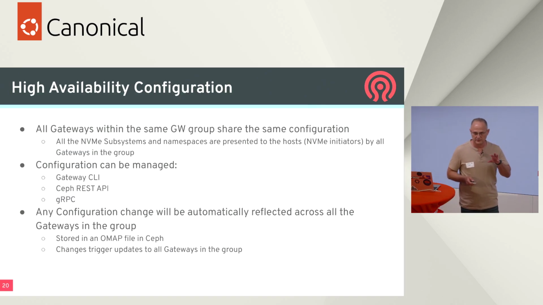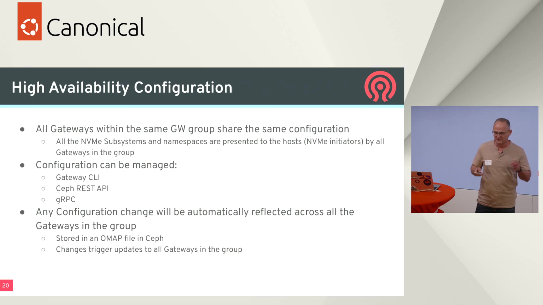In a gateway group, all the gateways read the same configuration, the same OMAP file that Orit talked about. So every change that we make to the OMAP file, like adding a new subsystem or a new namespace, we can do through either one of the gateways, but all other gateways will immediately be aware of this change and will update the local SPDK.